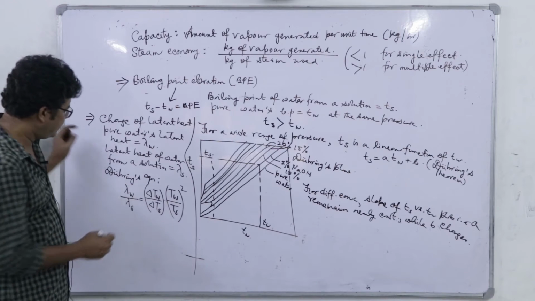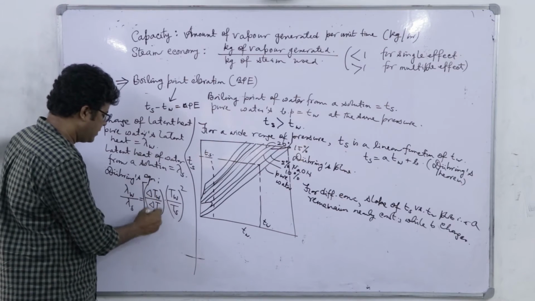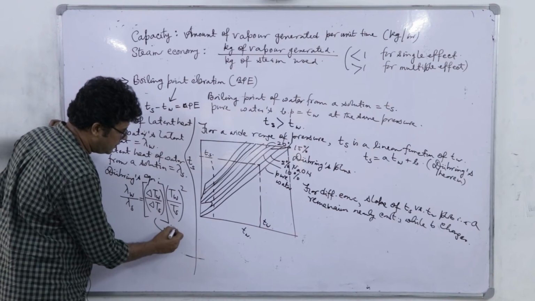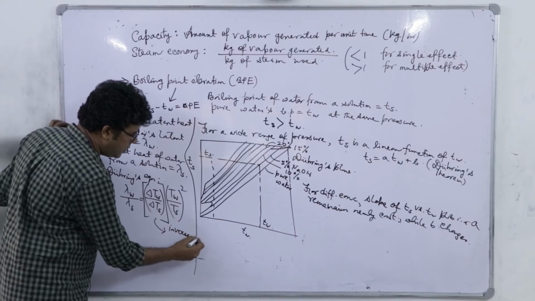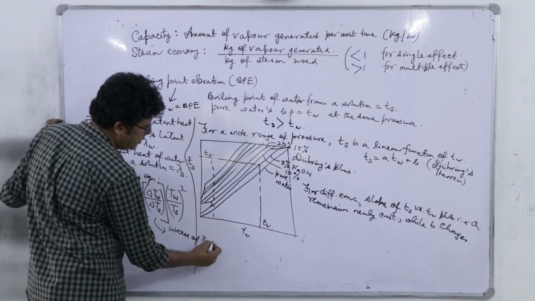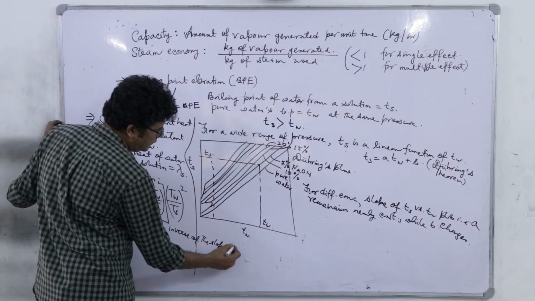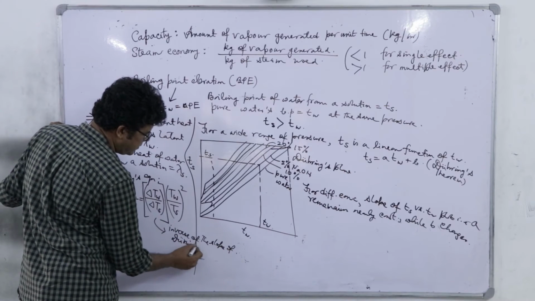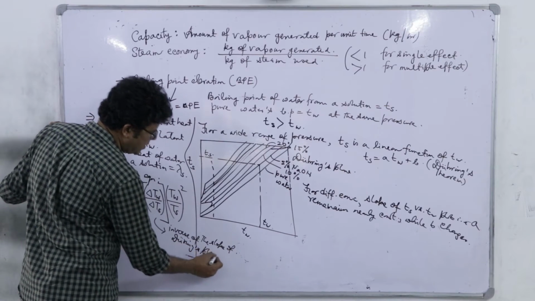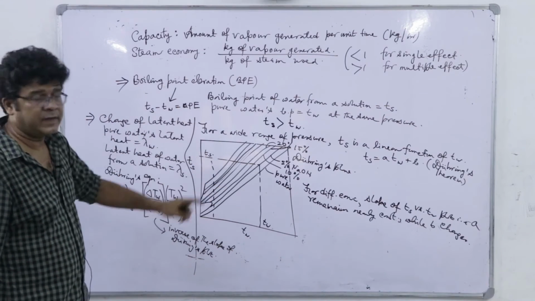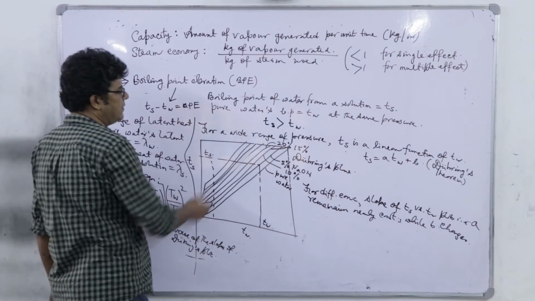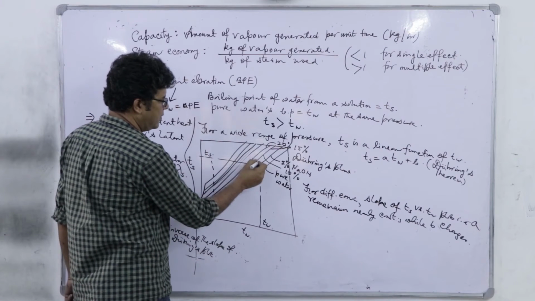So you see this entire thing is what? dTW by dTS, so the inverse of the slope of Duhring's plot. Like for this specific case where the solution concentration is 5%, we have the straight line, we have got Ts.